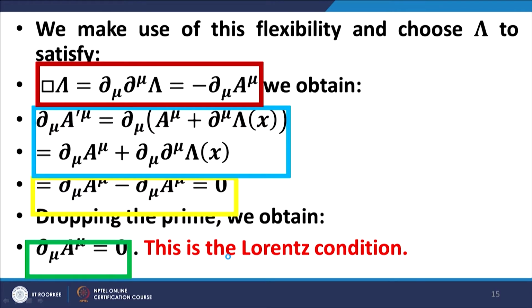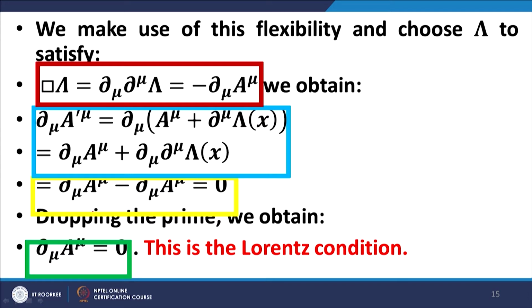We impose the condition given in the red box here, and on simplification we find that the derivative of A dash mu, the transformed A mu, takes the form given here in the blue box. If you simplify this using the expression in the red box here, we find that d mu A dash mu is equal to 0.